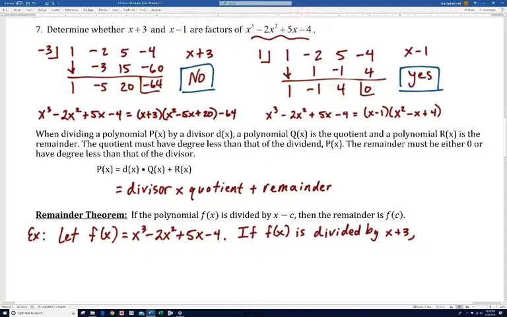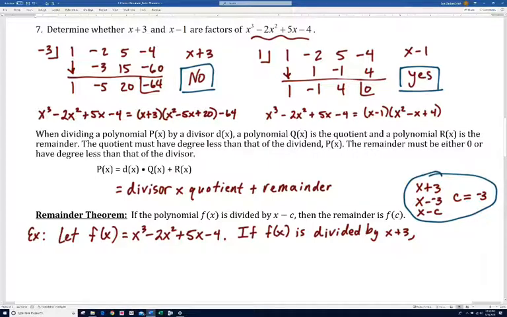Now, if we're dividing by x plus 3, what's our c? Well, we have x plus 3, which we could write as x minus negative 3. So if we're trying to figure out what c is here, you can see that c would be negative 3.